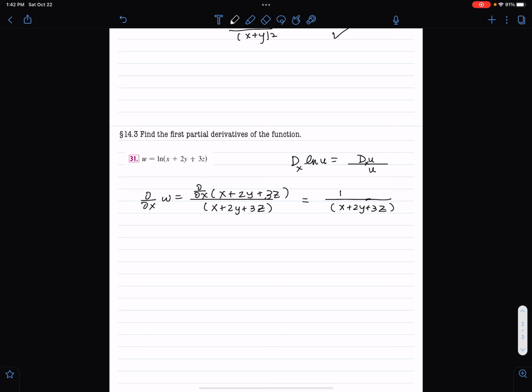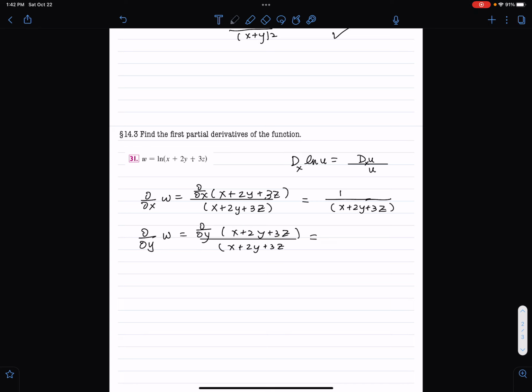You can sort of see a pattern. That 1 is the coefficient of x here. So d dy of w is going to be the same thing, except now when I do d dy of x plus 2y plus 3z, I take the derivative of x with respect to y through 3z with respect to y. Those are all zeros.